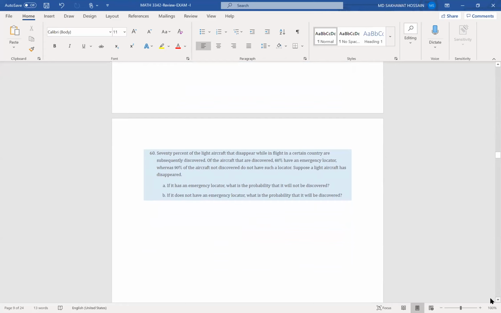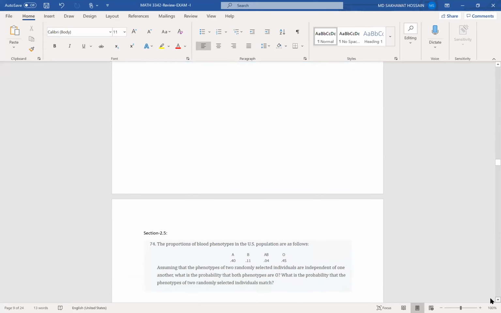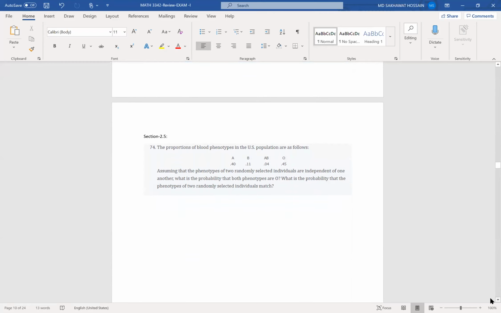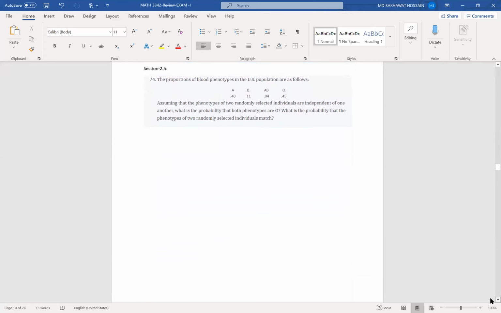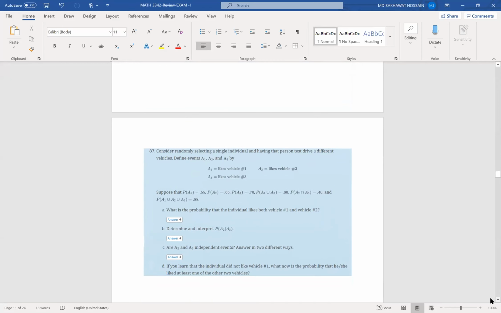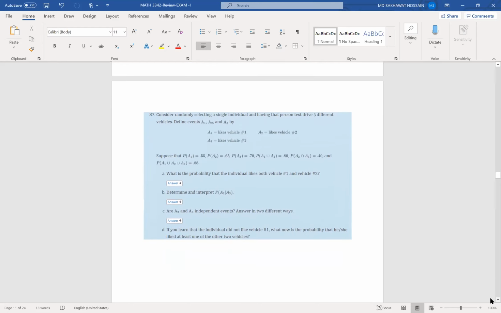We also discussed problem 60 in the class, so I'm not going to go over it. And we also went over the blood type problem in the class. But if we have enough time, we'll come back and try to go over some problems. I think we didn't go over this next one.